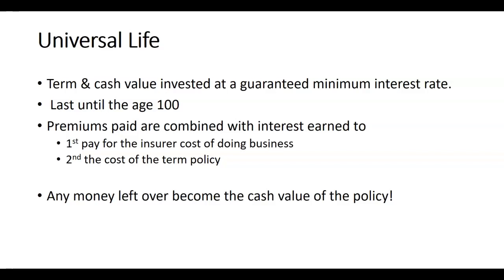So you get more leeway with universal life. You're able to adjust your premiums. The insurance company may give the policy owner a choice, they can do 2 things when it comes to their premiums.